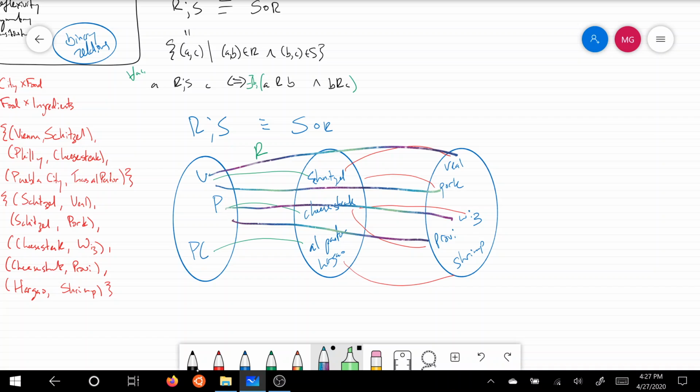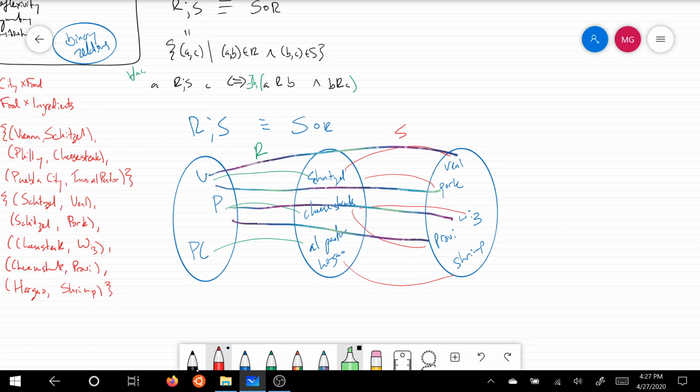And then Puebla City to al pastor is a dead end because it doesn't relate to pork. The Har gow, because we don't have an appropriate city on the left, we're kind of in a stuck spot. So those four lines we draw gave us the combined relation.